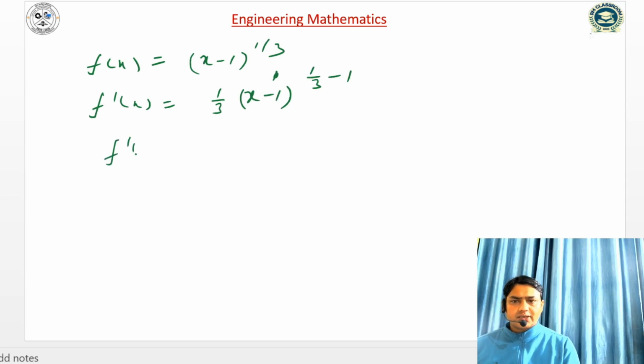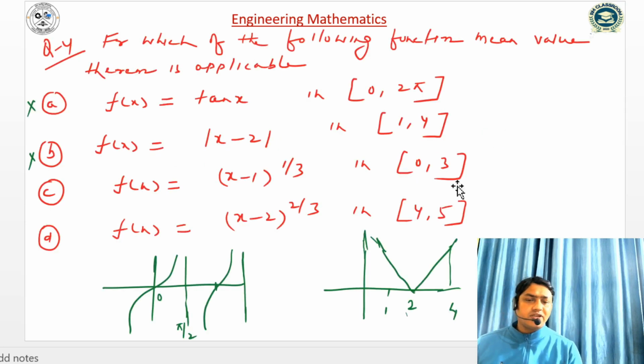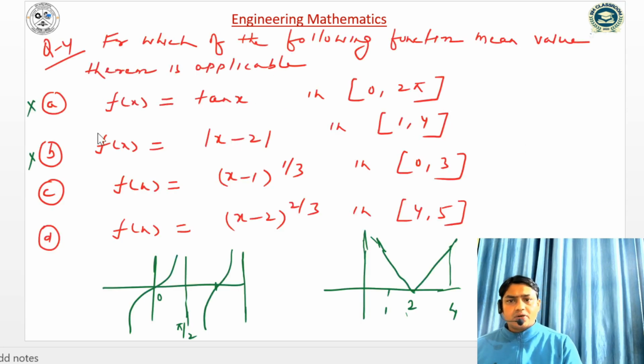So f dash x is equal to 1 by 3 x minus 1 to the power minus 2 by 3, which is 1 by 3 x minus 1 to the power 2 by 3 in the denominator. So f dash x does not exist at x is equal to 1, because the interval given is 0 to 3. When x is equal to 1, f dash x approaches infinity. So the third option is also discarded.